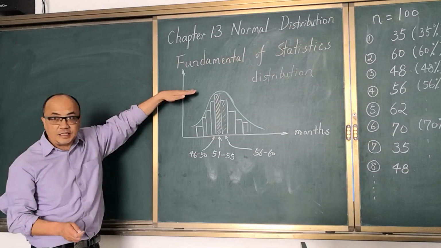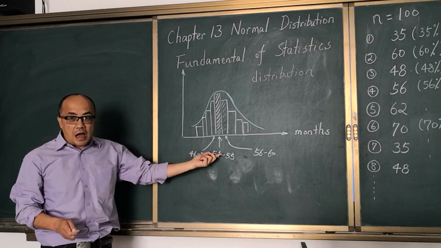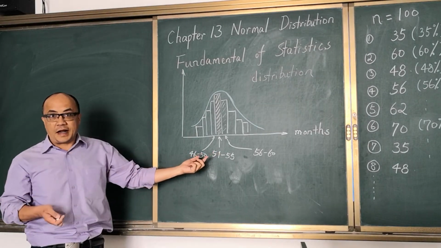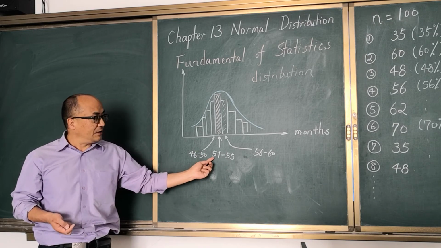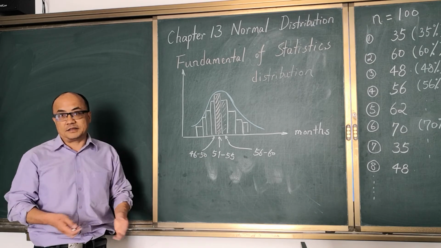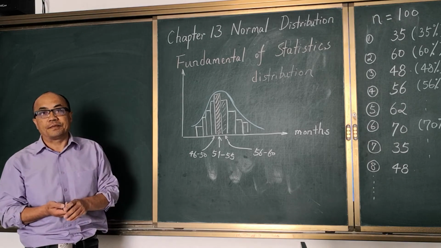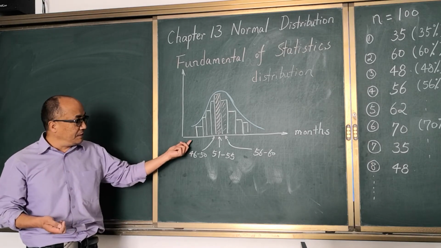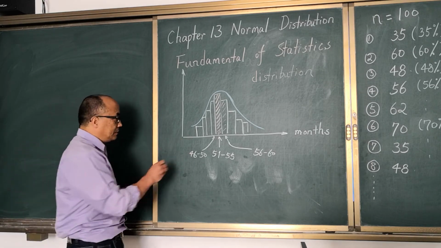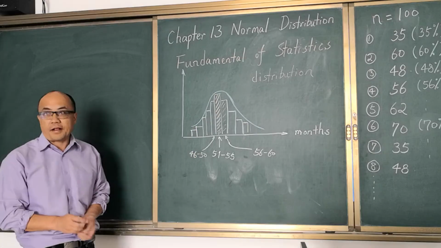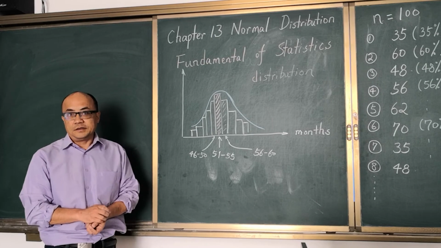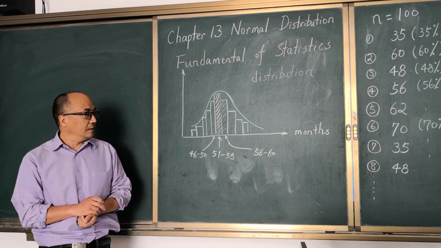After being diagnosed with cancer, these many patients lived this much, 51 to 55 months, then they passed away. Some are even sooner, like 30 months, then they passed away.